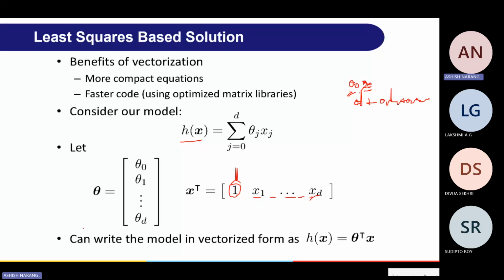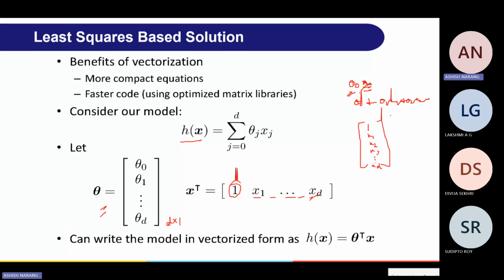Now you look at this side, right? This is 1 cross d, and x is d cross 1. There are d rows. If I have to write it, this is x transpose, right? Normally, this could be the value of the first feature, second feature, third feature up to the dth feature.